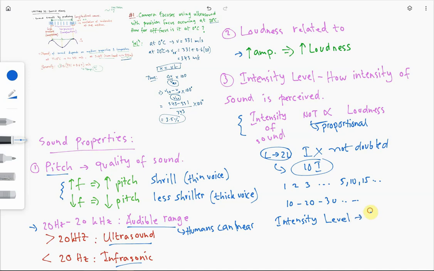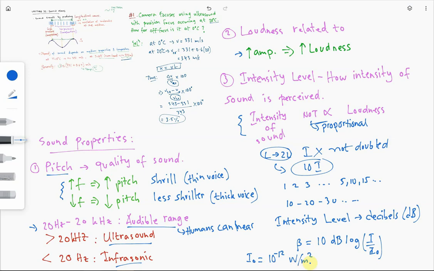It is measured in decibels, denoted by small d, capital B, and the formula for intensity level is beta equals 10 decibels times log of I over I naught. What is I naught? I naught is the lower limit of human hearing. Human hearing cannot hear sounds below this intensity, 10 to the minus 12 watt per meter squared.